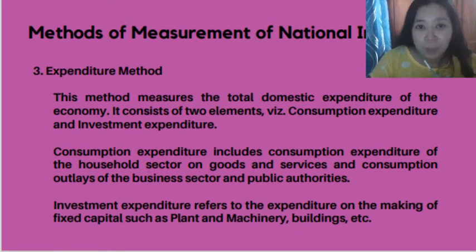Consumption is related to the household sector on the goods and services, and the consumption outlays of the business sector, and even the public authorities. So this is what we mean by consumption expenditure.